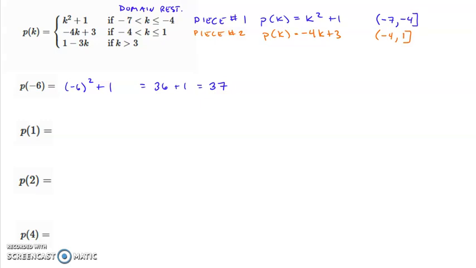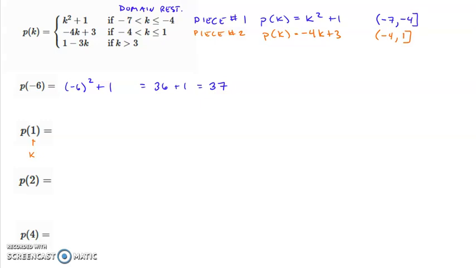So let's go ahead and look at our second example here, which is P of 1. Right? This is your value for k. And you'll notice that we had the bracket on the 1 or the equal to part when we're looking at the inequalities. So whenever we have a value equal to 1, that's in that domain restriction piece, piece number 2.